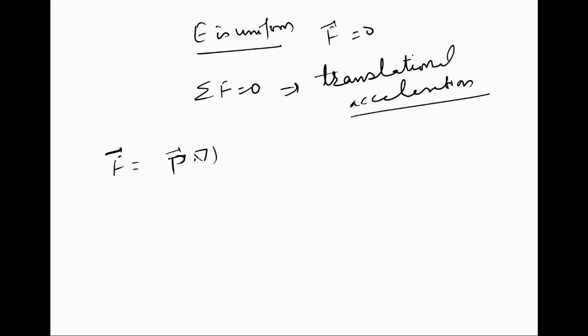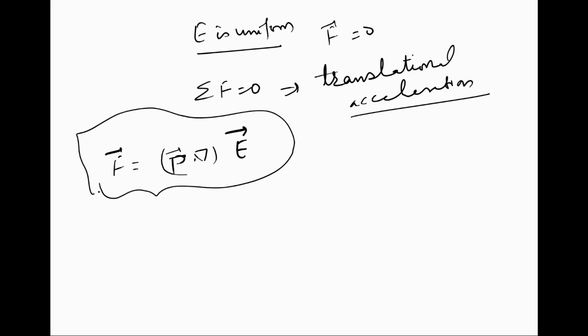So you see that we have derived the expression of the force on the dipole as p dot del into E. Now I will try to make an expression for the potential energy of this dipole. Let us see how to do that. So we will expand p cross del cross E. So I will use the back-cab rule.